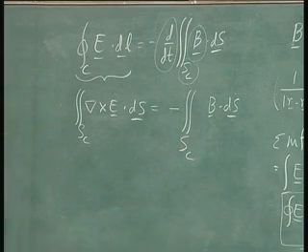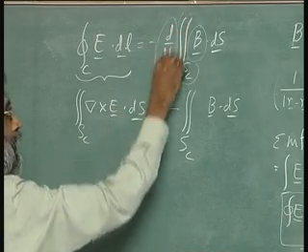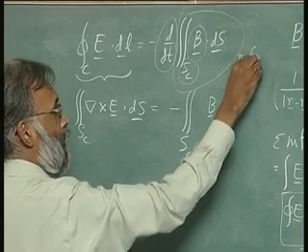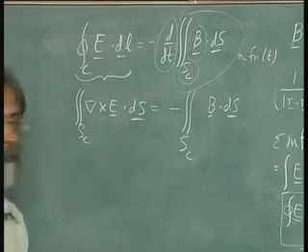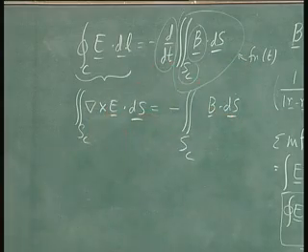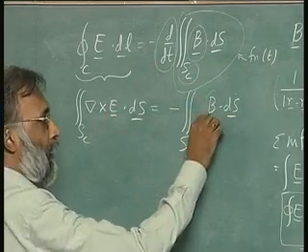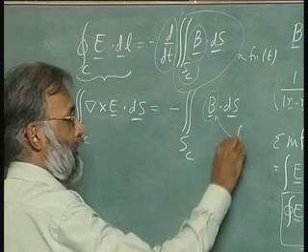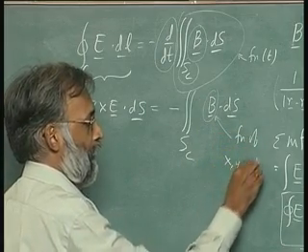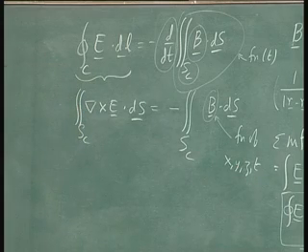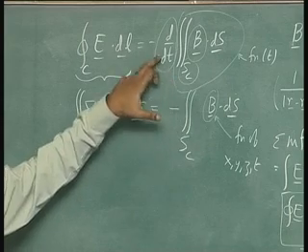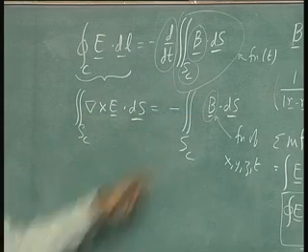Now, this quantity is a function of time. So, it makes sense to write d dt of that quantity, but B is a function of x, y, z and t. So, I cannot write d dt here, because if I write d dt here, what does d dt mean?